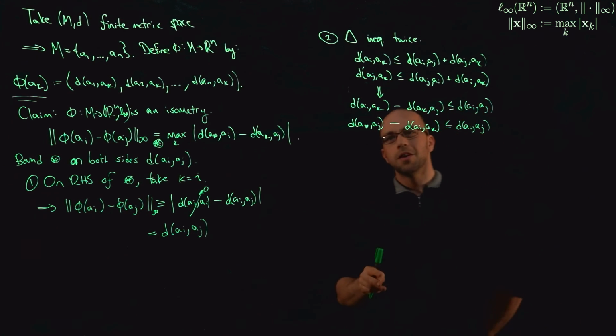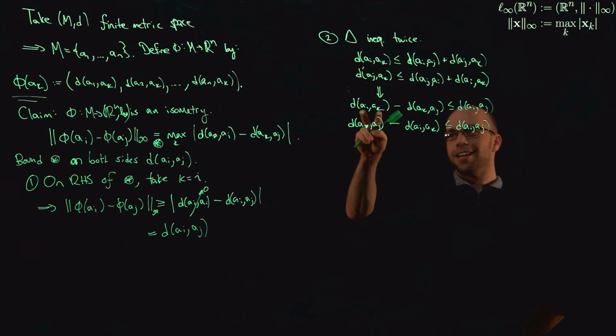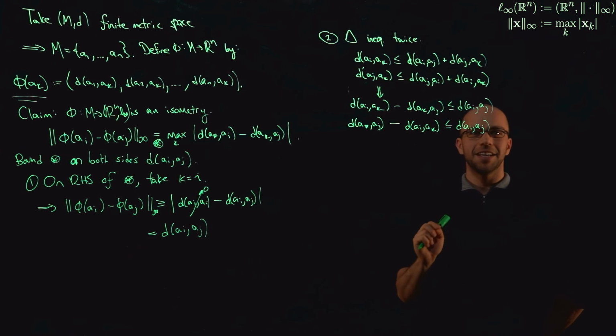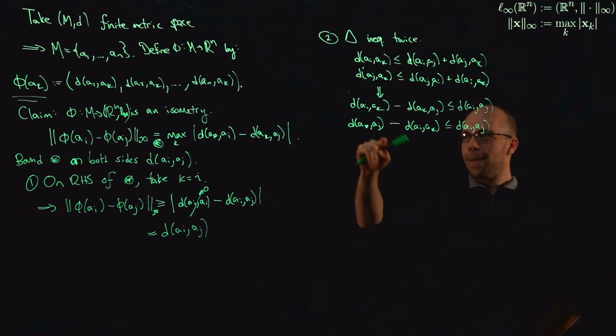So we have d of AI AK minus d of AK AJ is less than or equal to d of AI AJ, and also the negative of it.